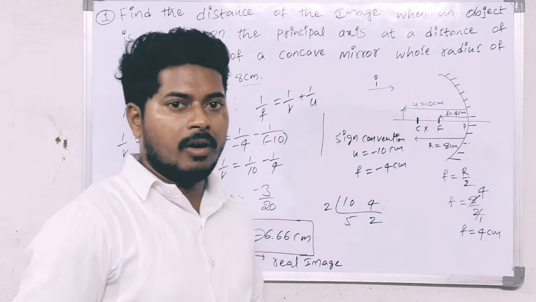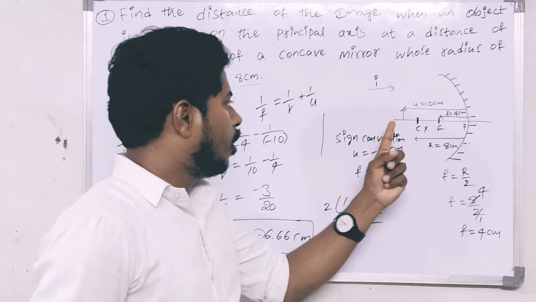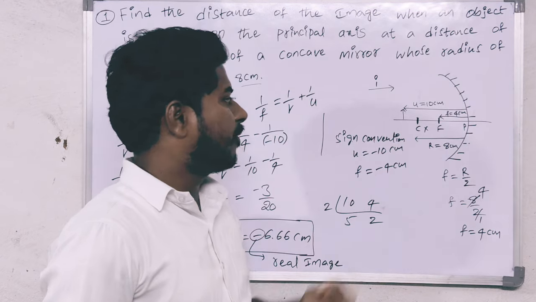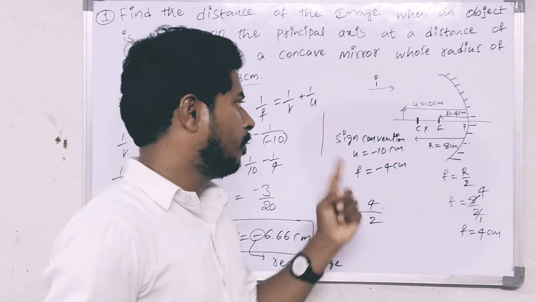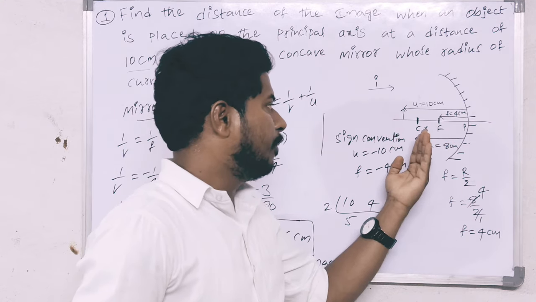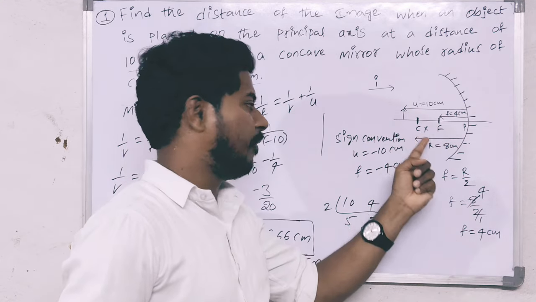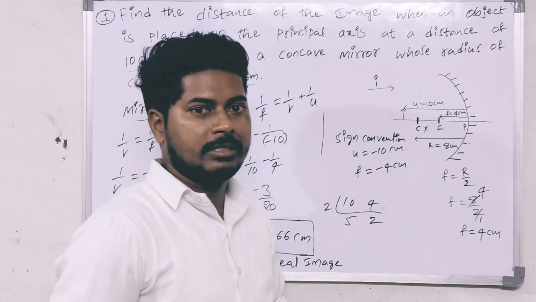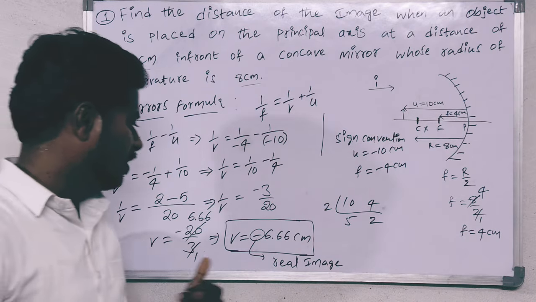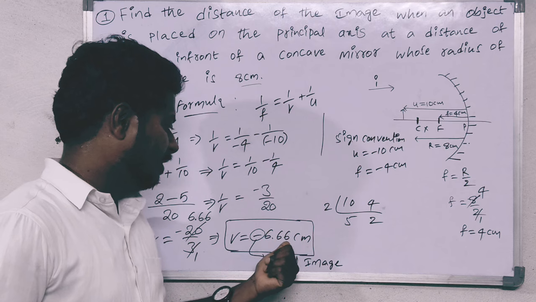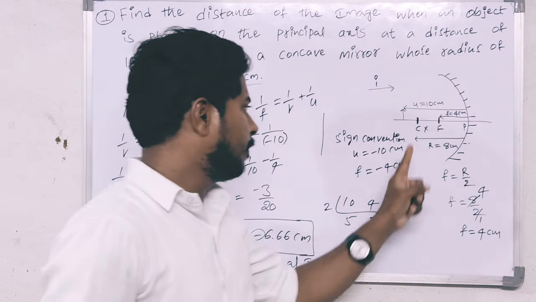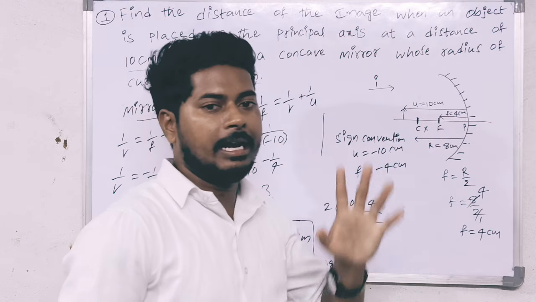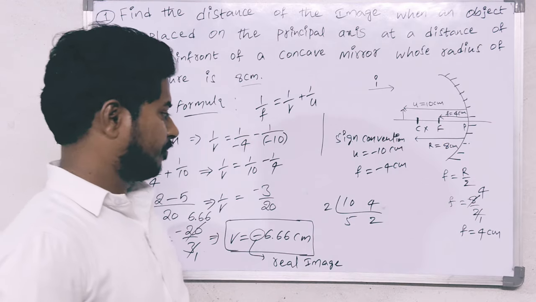Our common sense will tell us that when the object is placed beyond the center of curvature, the image is going to be formed in front of the mirror, in between the center of curvature and focus. So our image distance is 6.66 centimeters, and definitely it lies in between the center of curvature and focus.